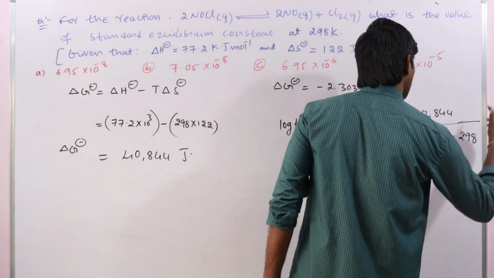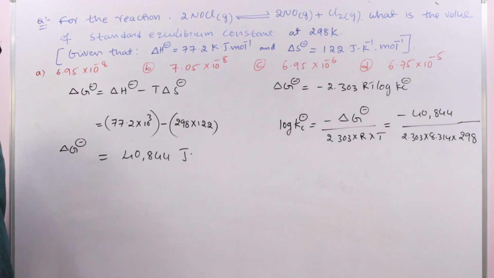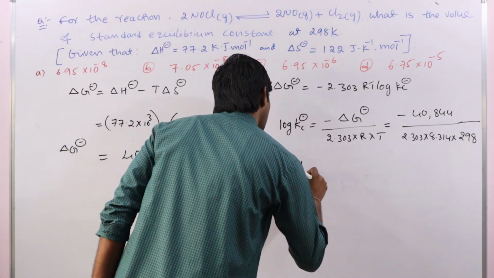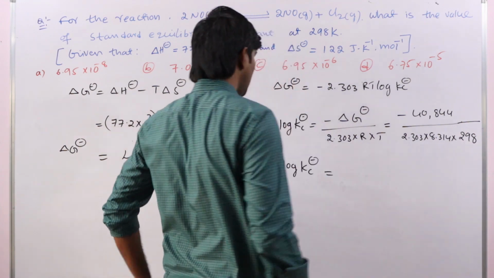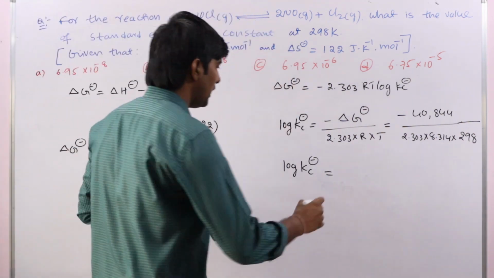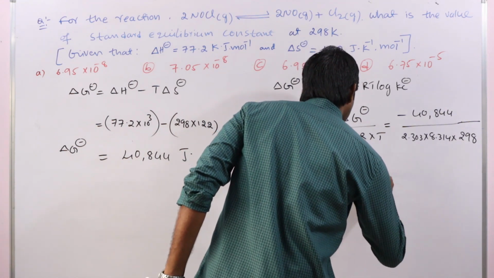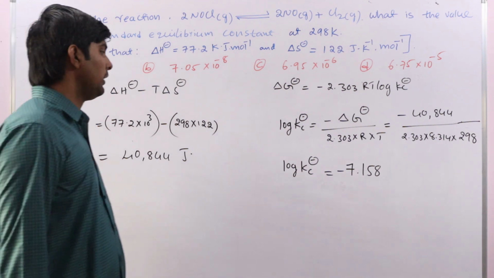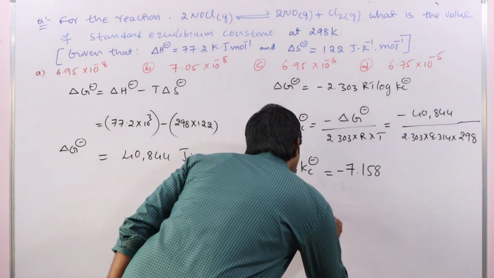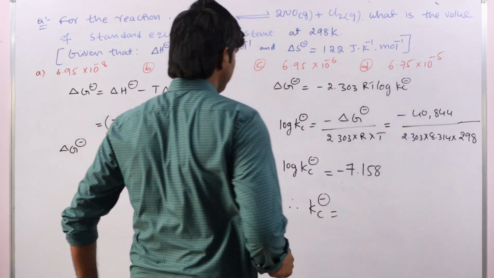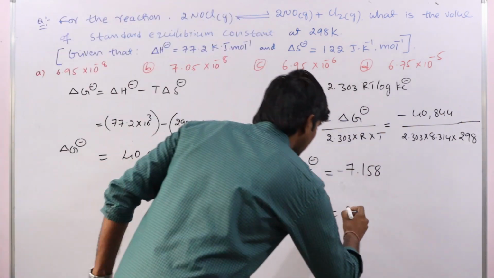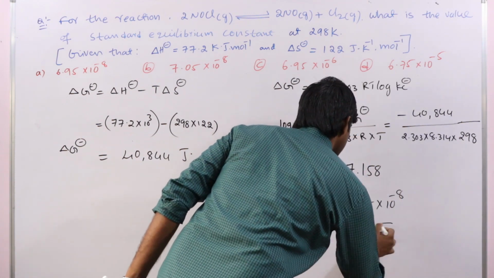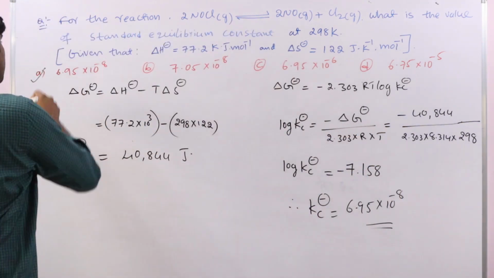Temperature is 298 Kelvin. After simplification we get log Kc naught equal to minus 7.158. Therefore Kc naught equal to 6.95 into 10 power minus 8. So option A is the answer.